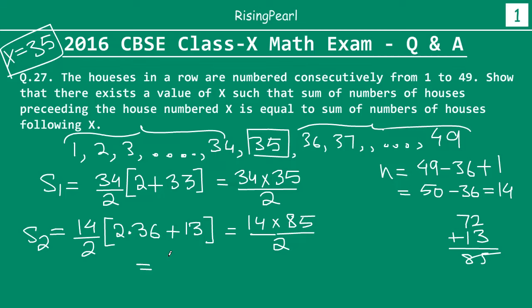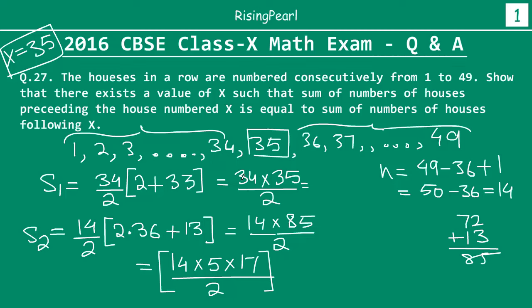So here we have 14 times, so this one will be 5 17s, 85 by 2, 5 17s are 85 by 2, and let's leave this at this and see if we can break the other down to the same form.